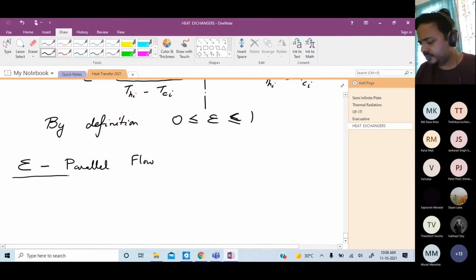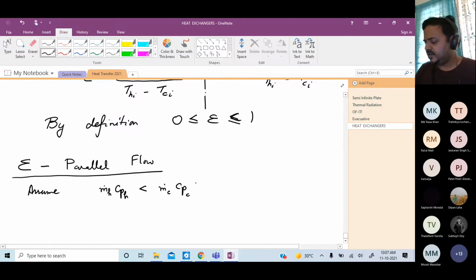Let us assume, without any loss of generality, that m dot h Cph is less than m dot c Cpc, which implies that the lower value, m dot h Cph, is equivalent to m dot Cp of S, the smaller.